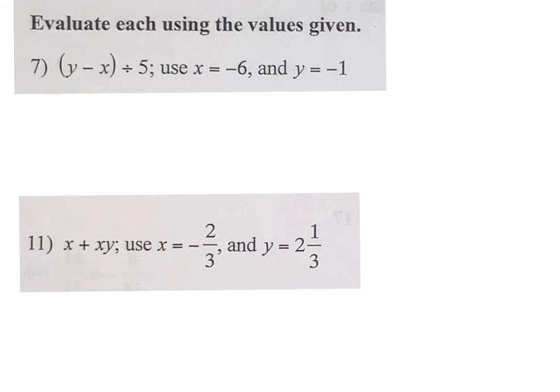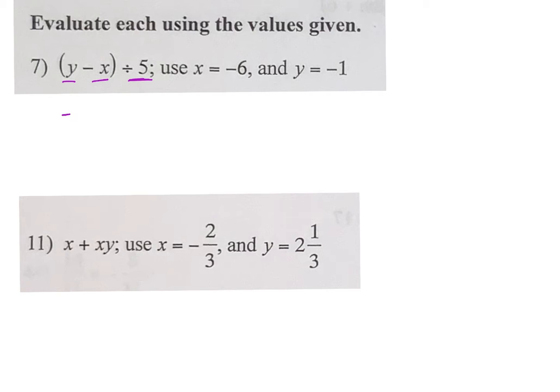All right. The next one is evaluate. When you have something like this, you want to plug it in and then do order of operations. So they gave us y minus x divided by 5. Most common mistake here is actually forgetting the divided by 5. So make sure you plug everything in and use everything that you were given.